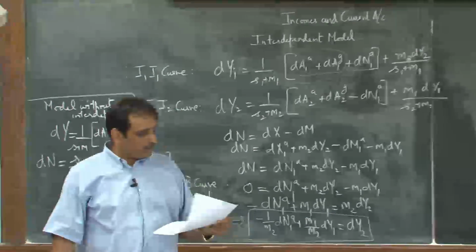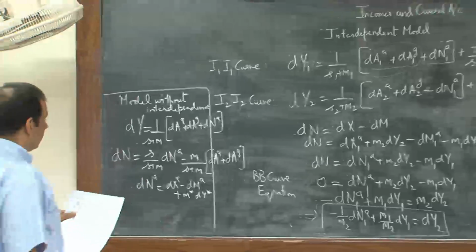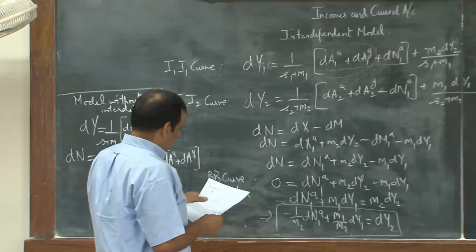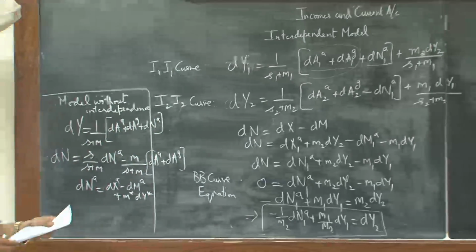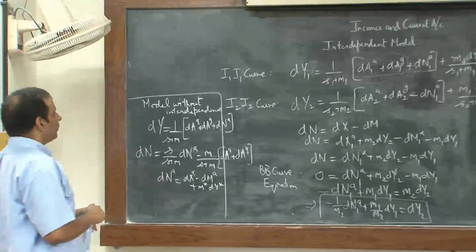you would see a current account deficit at Q dash. Let me explain this point.